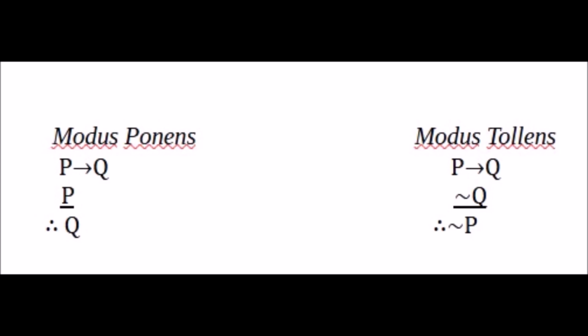In the modus tollens form, given a conditional and the negation of the consequent, we may deductively infer the negation of the antecedent. However, these forms of arguments do not allow for the drawing of a conclusion from the affirmation of the consequent or the negation of the antecedent.